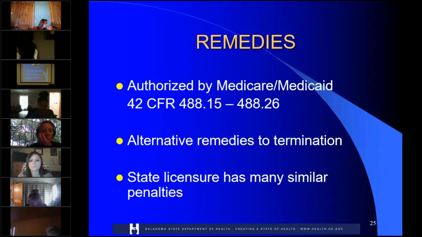The remedies that are issued or authorized by Medicare and Medicaid, through 42 CFR, there's this area, alternative remedies to termination. A lot of that is when we assign a temporary manager to take over the facility, and sometimes they have assigned a temporary DON to take over a facility.